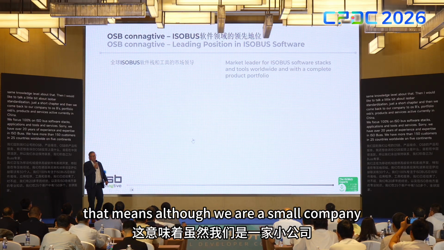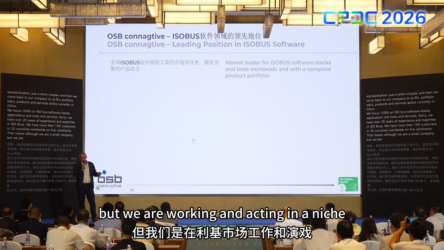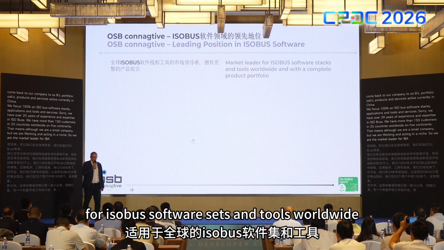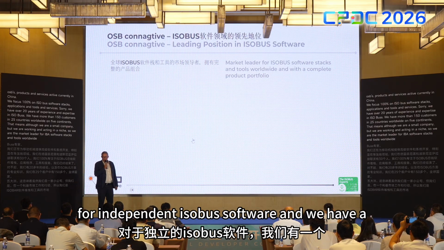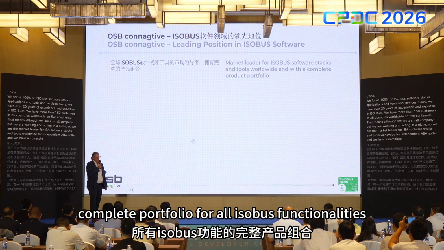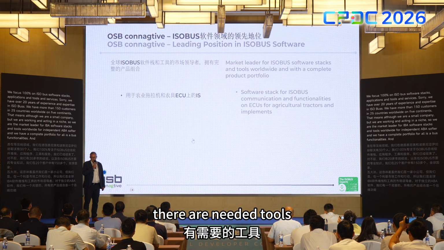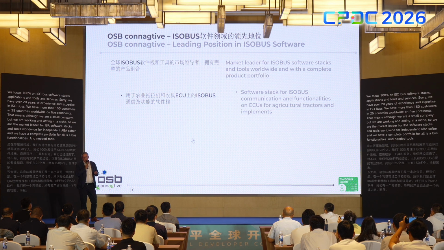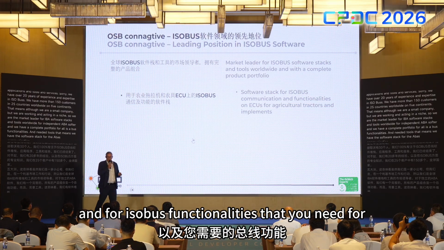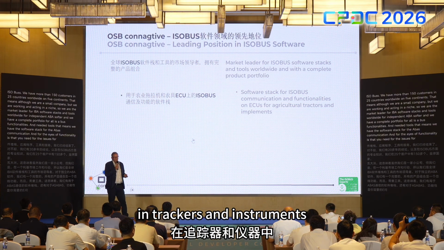That means although we are a small company, we are working and acting in a niche, so we are a market leader for ISOBUS software stacks and tools worldwide for independent ISOBUS software. And we have a complete portfolio for all ISOBUS functionalities and the needed tools. That means we have a software stack for the ISOBUS communication and for the ISOBUS functionalities that you need for the ECUs, for the embedded controllers in tractors and implements.